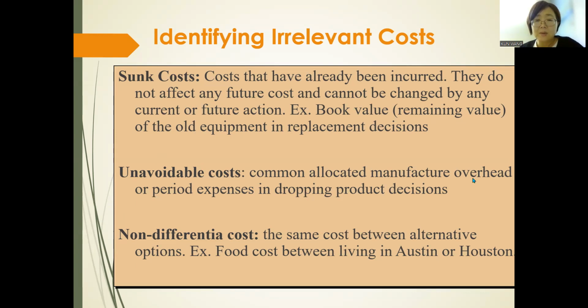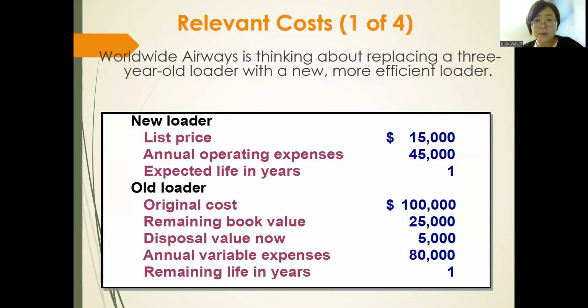Now let's take a look at an example of equipment replacement so we can identify more clearly the relevant items and irrelevant items. In this case, we have an old equipment that can be used for another year, so 1 more year of life, the old loader.